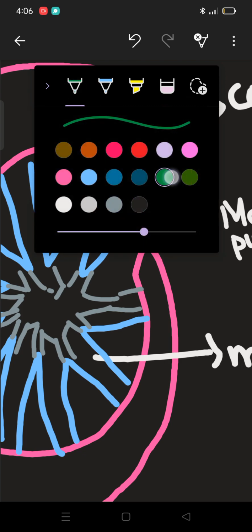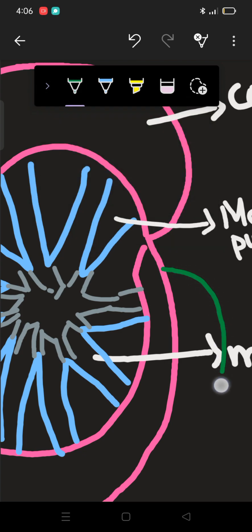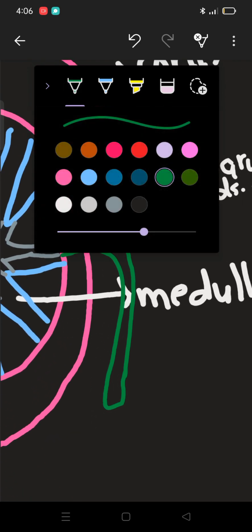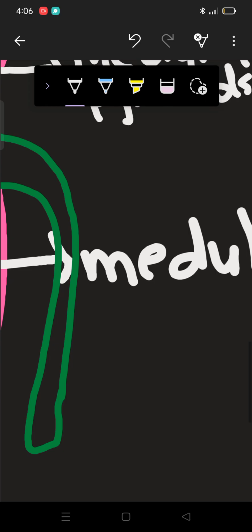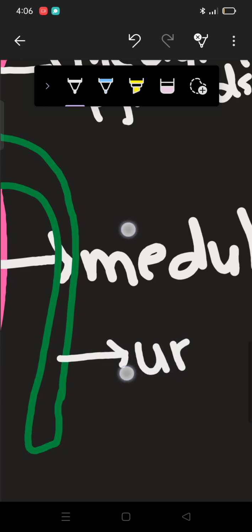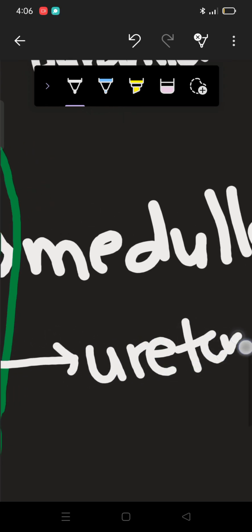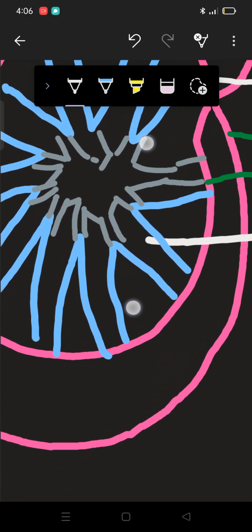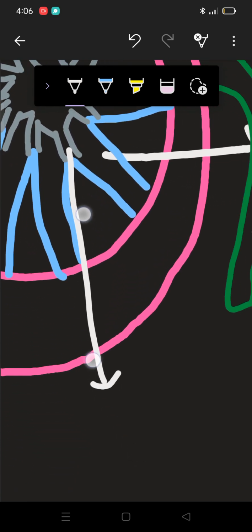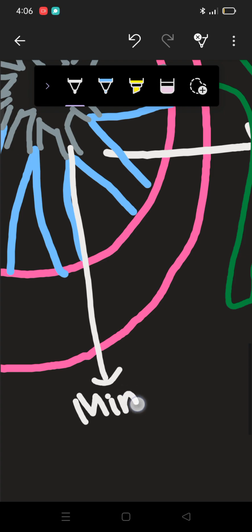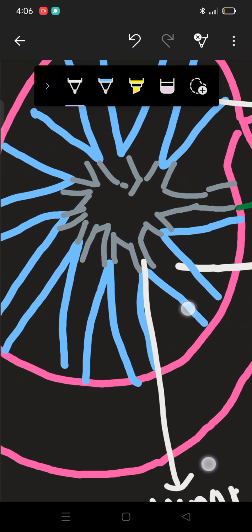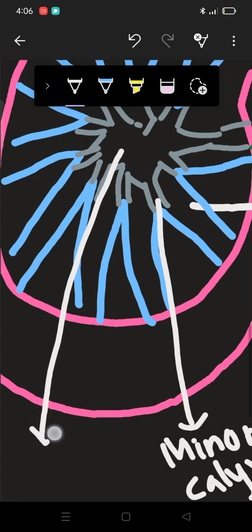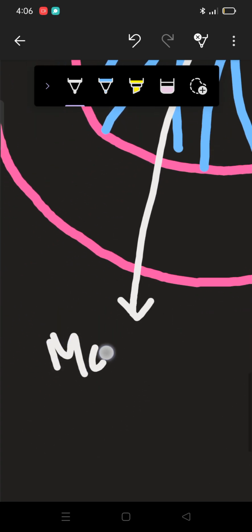Here the ureter was coming out, not from the body but from the kidney. So this was the ureter. These were the minor calyces, and this was the major calyx.